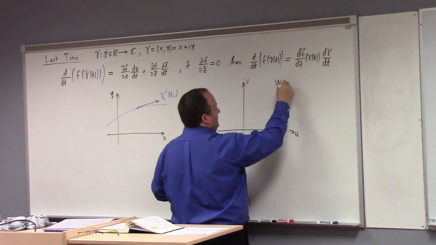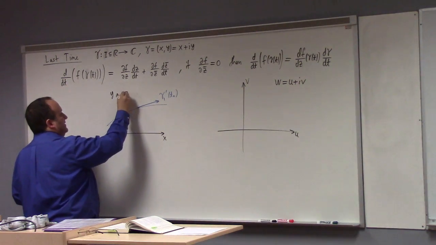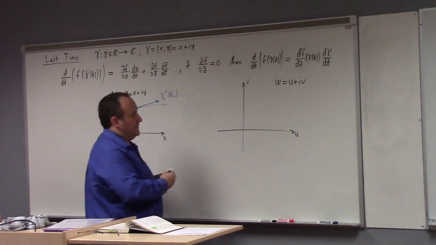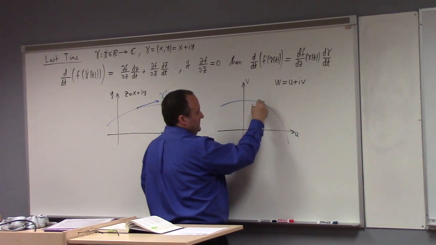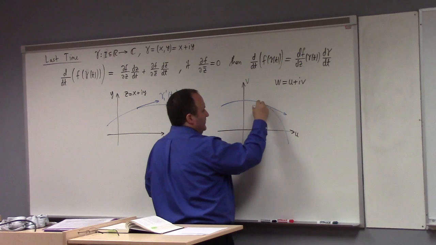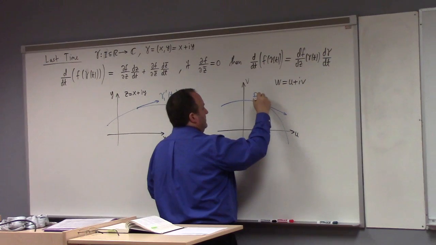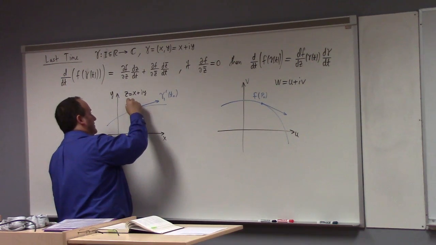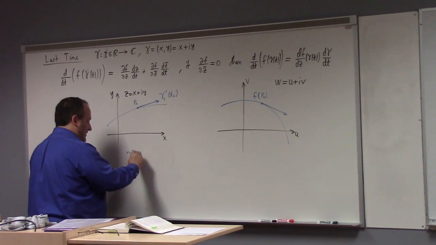So I've got w equal to u plus iv over here, and of course this is the z-plane, so z is x plus iy. Then the image of the blue curve under the map f is whatever it is, I'll just draw it like this. This point over here would be f of p naught. And I'm going to say that this point right here is p naught. In particular, gamma of t naught is equal to p naught.